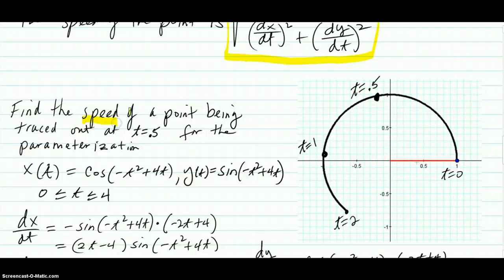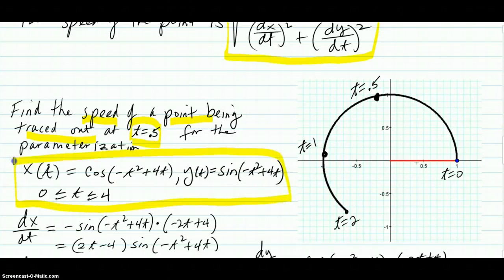Find the speed of a point being traced out when the t value is 0.5. And this was the parameterization that we were working with. Okay, so this is the point we're talking about right here. So we already saw the animation, that it took off fast, started to slow down, came to a stop. So let's see what the speed is right at t equals 0.5.